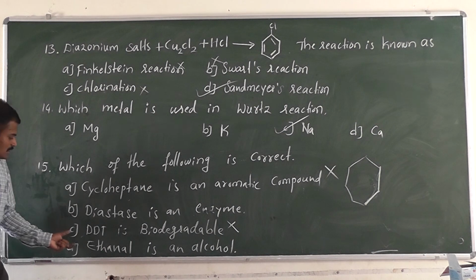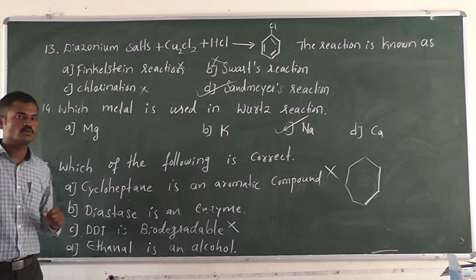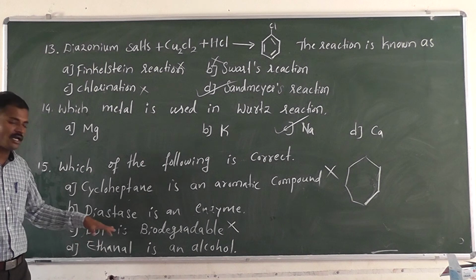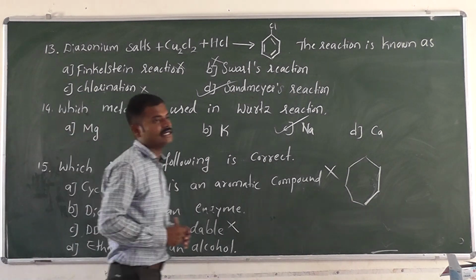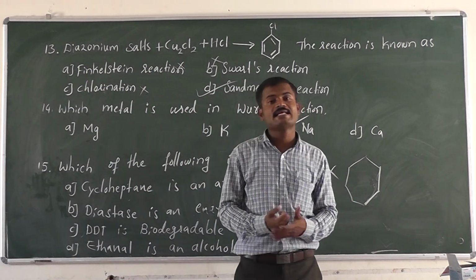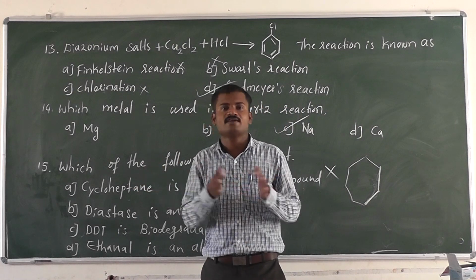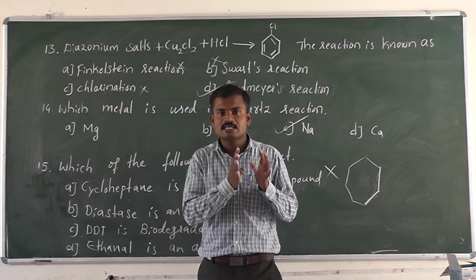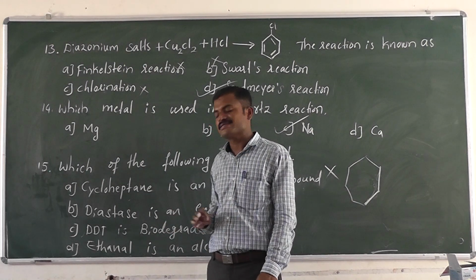So next, this last one here. Ethanol is an alcohol. Don't confuse it. For alcohol we have ethanol, with OL. Ethanol is different, ethanal is different, O is different, A is different. If there is an O, then definitely it is an alcohol. Ethanol is an alcohol.